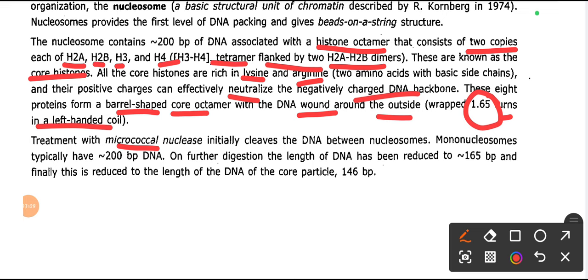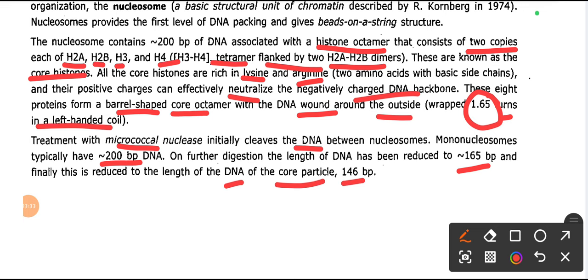Treatment with micrococcal nuclease initially cleaves the DNA between the nucleosomes, giving mononucleosomes which have 200 base pair of DNA. On further digestion, the length is reduced to 165 base pair, and this is reduced further to the length of the DNA of the core particle, 146 base pair.